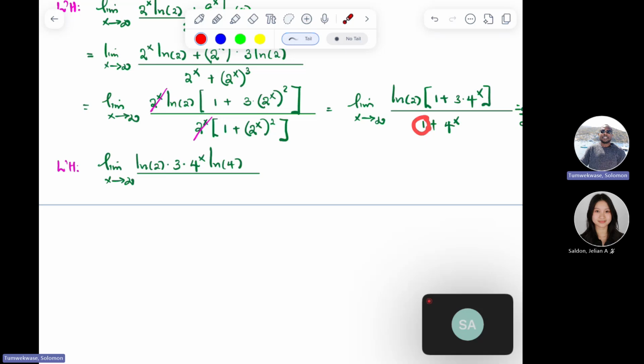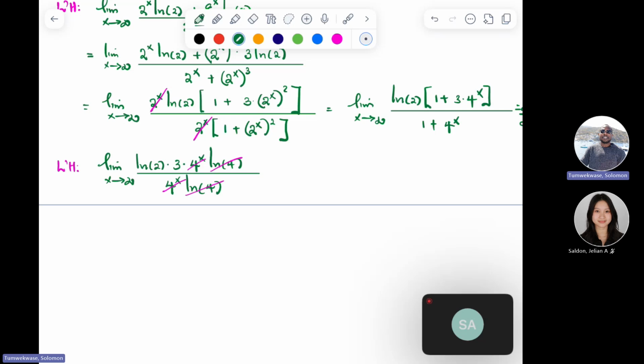If I differentiate 1, I get 0. Then the derivative of this is 4 to the x, then natural log of 4. Everything is multiplying, so this guy and this can cancel with this and this one here. Okay, I hope that is fine.